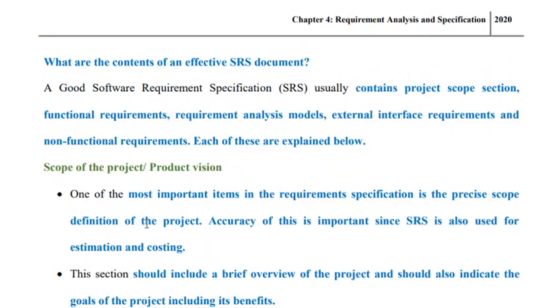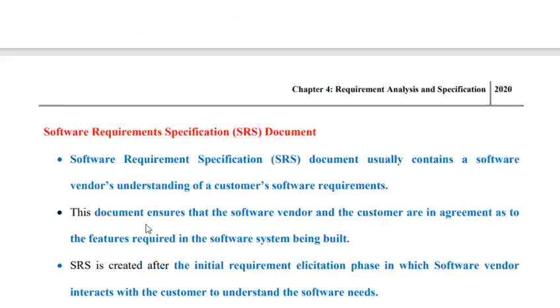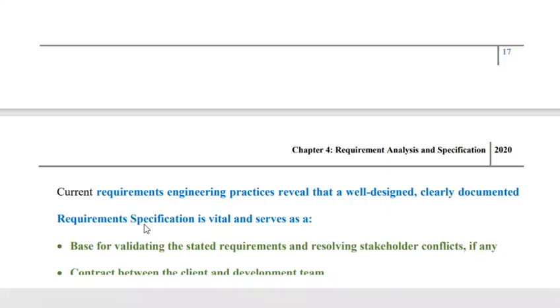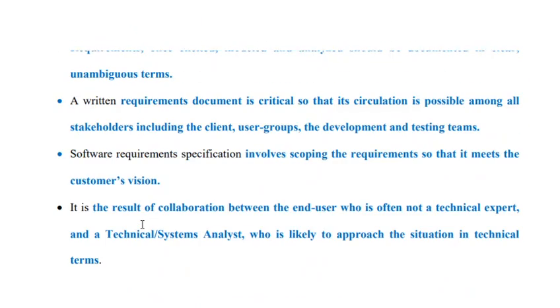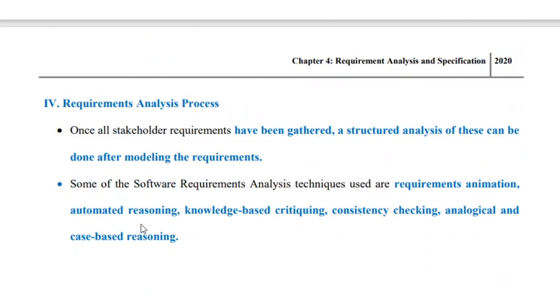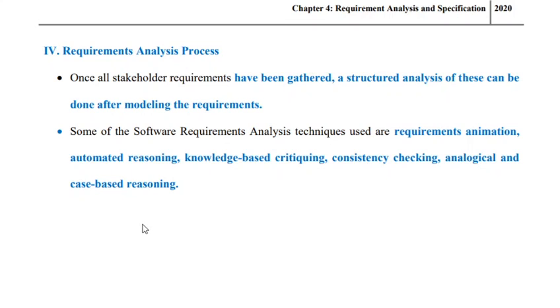So in today's class, we have learned about the fourth phase of requirement analysis, that is the requirement analysis process. We have learned about the importance of stakeholders and the various requirement analysis techniques: requirement animation, reasoning, knowledge-based critiquing, consistency checking, analogies, and case-based reasoning.